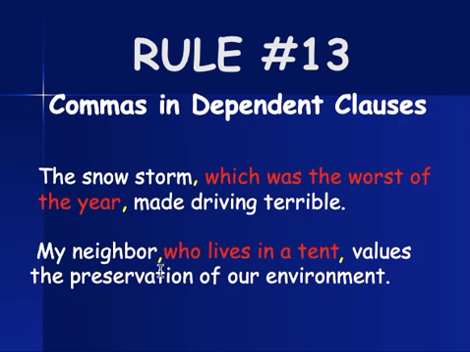You want to put a comma after the neighbor subject, insert your added information, your dependent clause, put a comma to let the reader know you're all done, and then you bounce right back to the main point of the sentence. This is just clarifying that your neighbor lives in a tent, kind of to hammer home the point that your neighbor values preservation in the environment and obviously doesn't like electricity or any other modern amenities and wonderful things we have.